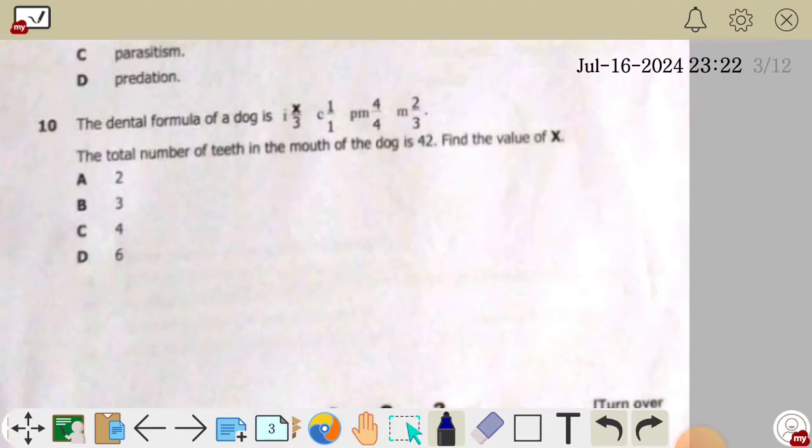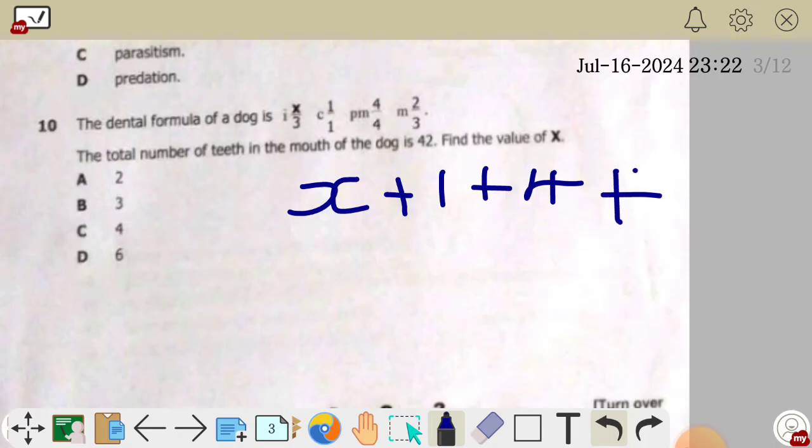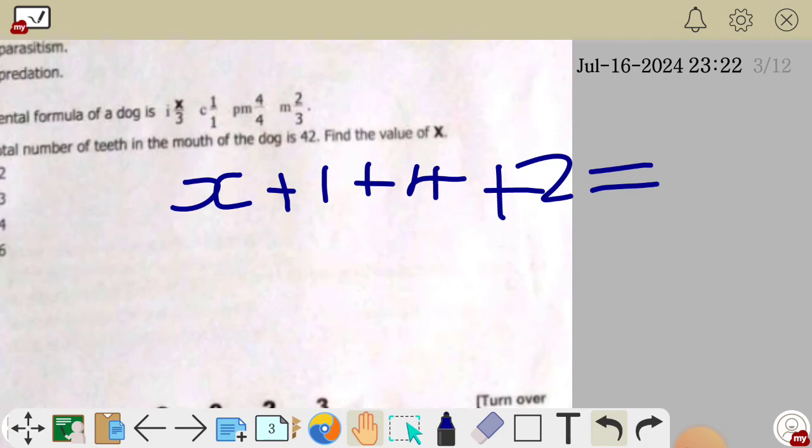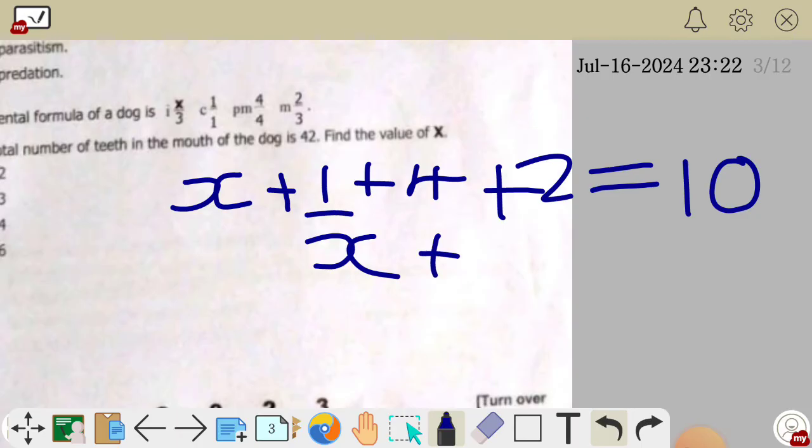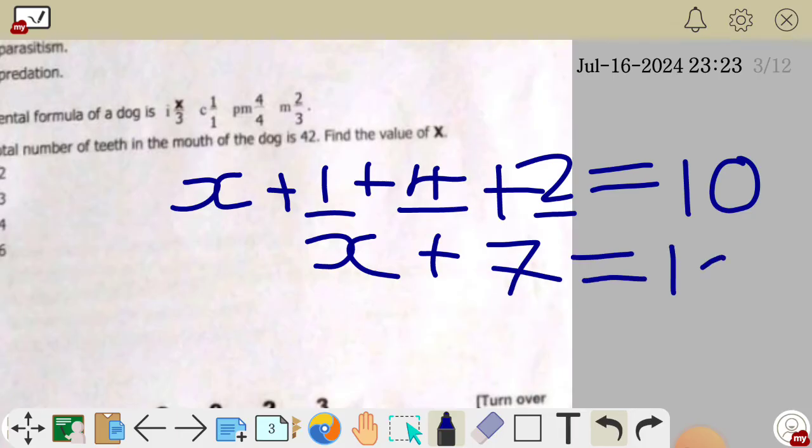So half of the upper jaw has 10 in total. So we are going to say x plus that 1, then plus 4, plus 2 equals 10. So we are going to have our x plus 1 plus 4, which is 5, plus 2, we are going to have 7, equals 10.